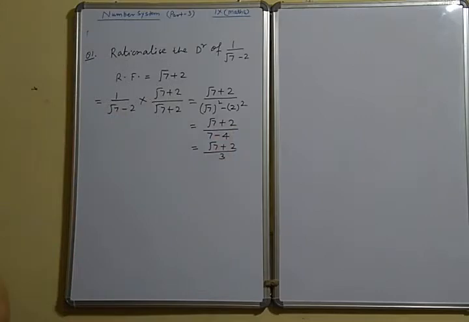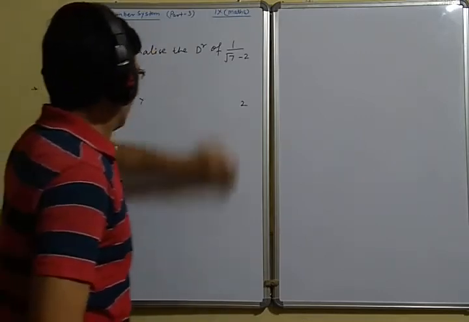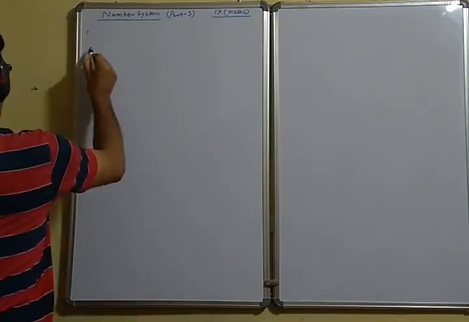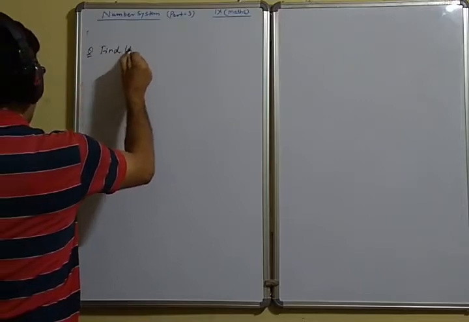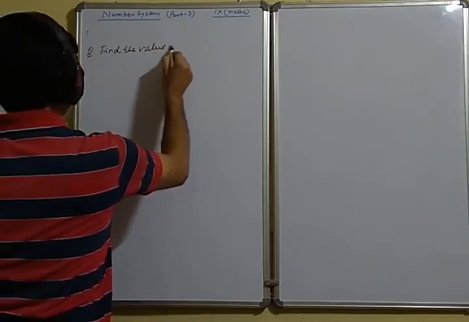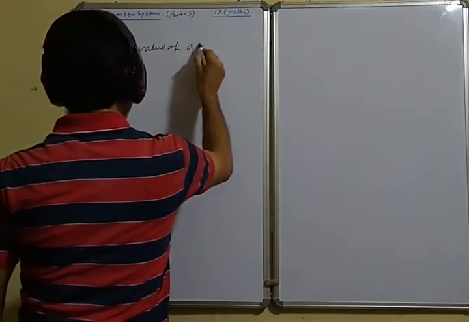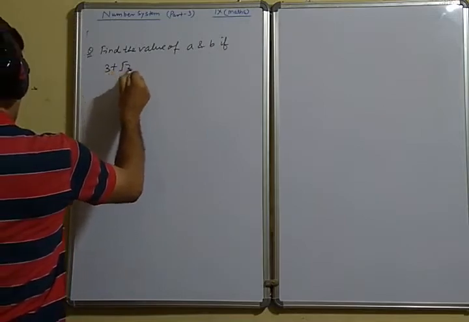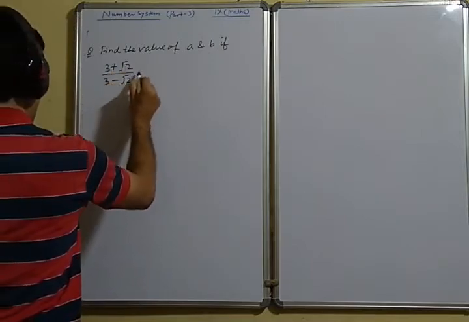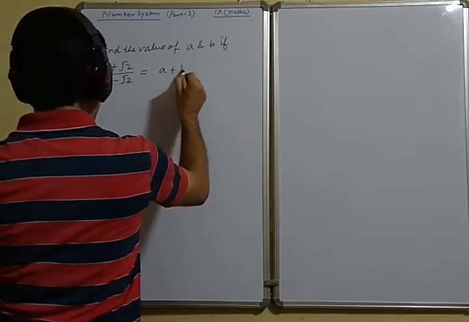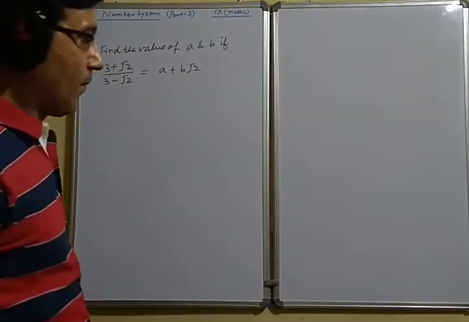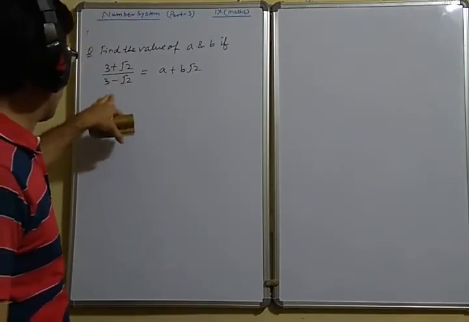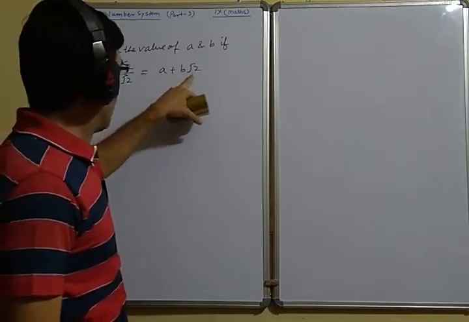Now the next question. Find the values of a and b if 3 plus root 2 divided by 3 minus root 2 is equal to a plus b root 2. Once again the question is of the same type. Here we have to rationalize and convert it into the form to find the values of a and b.